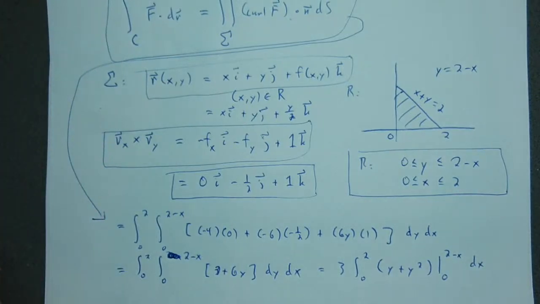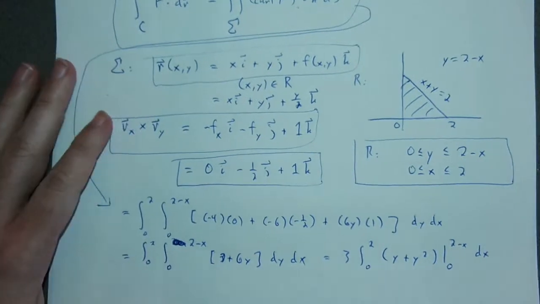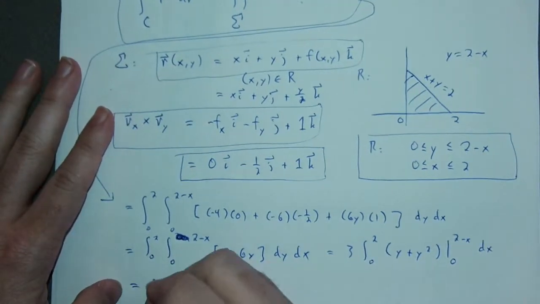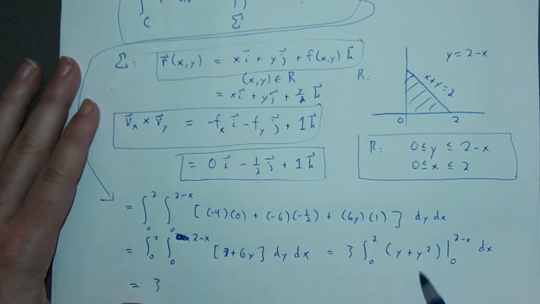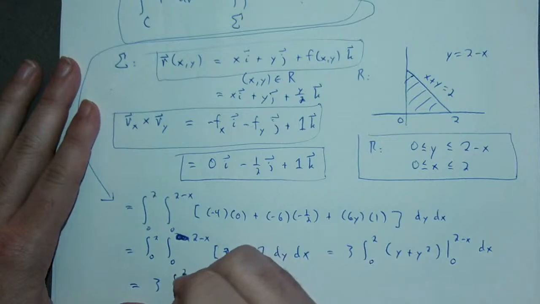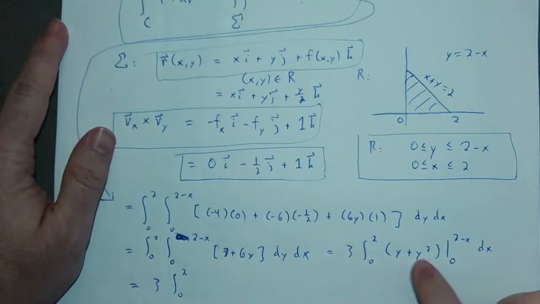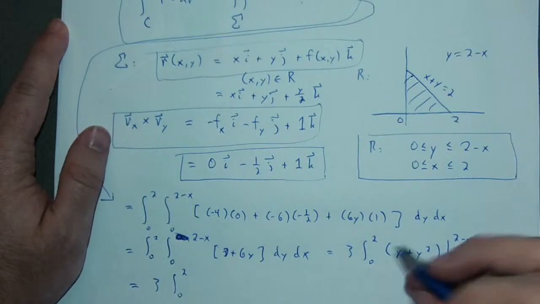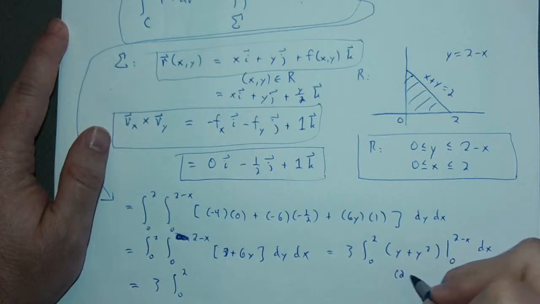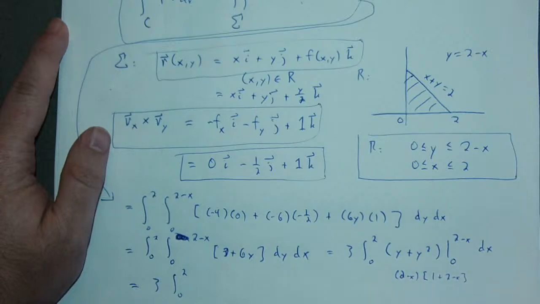Okay. So if we plug this in, what do we get? We have 3 times the integral from 0 to 2 of 2 minus x plus 2 minus x all squared. So if I factor out a 2 minus x there, that would be 2 minus x times 1 plus 2 minus x.